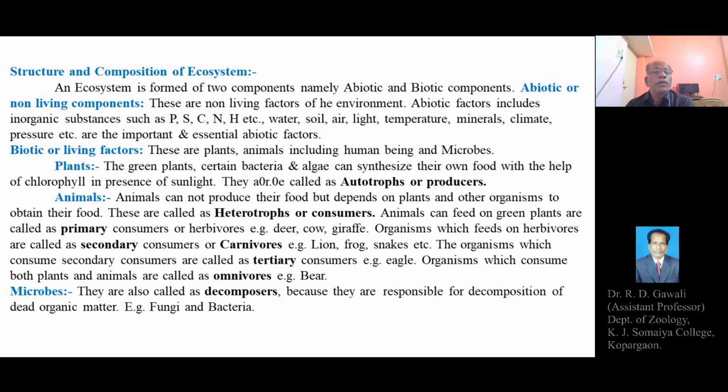So, biotic factors contain plants, animals, and the microorganisms, and many inorganic substances such as phosphorus, sulfur, carbon, nitrogen, oxygen, water, soil, air, light, temperature, minerals, climate or pressure, etc. These are the abiotic factors and are very important for the growth and survival of the living organisms or the biotic factors of the ecosystem.